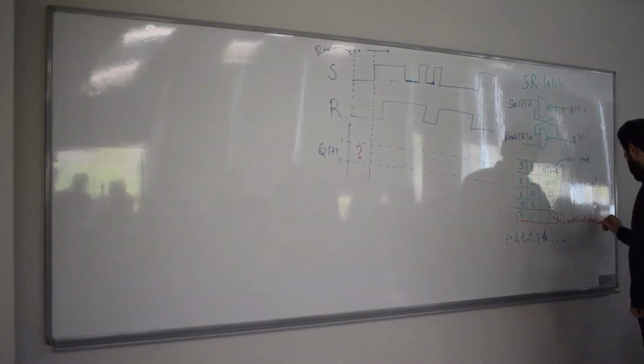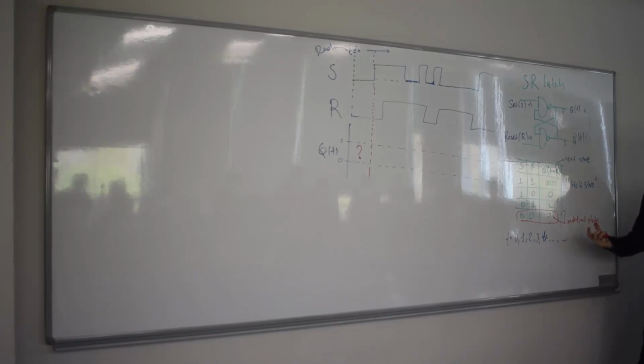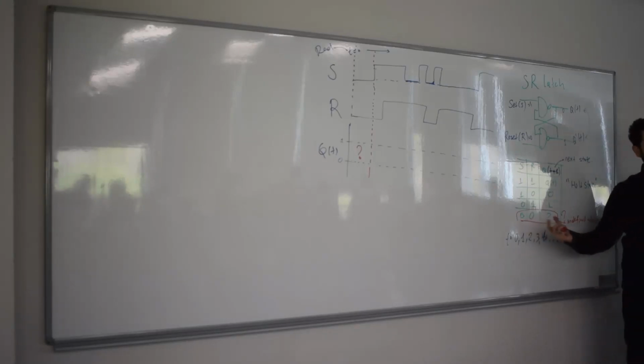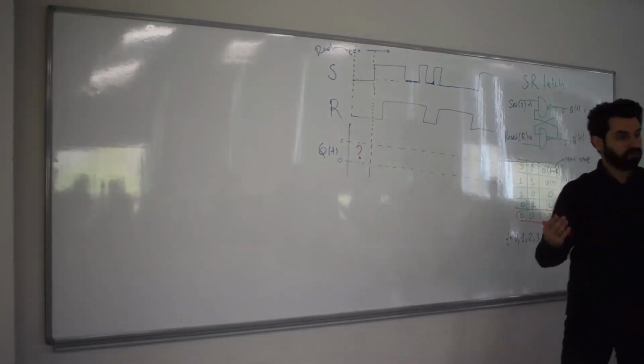In our previous class on Monday, I talked about this undefinedness, which was the metastable state, if you remember. So you may see a 0 or 1, but that would not be under your control. Therefore, you cannot use those inputs to control a sequential circuit. That's why I say it's undefined. It may actually stay somewhere in between, by the way.